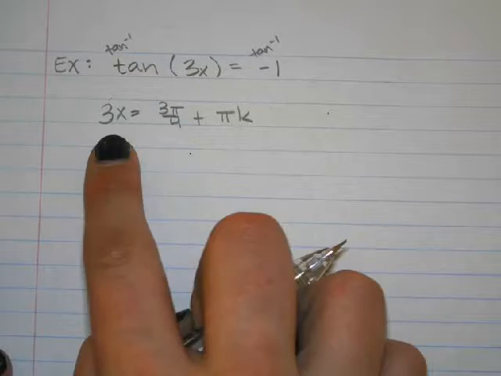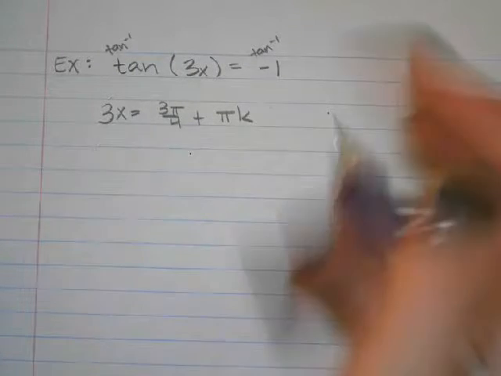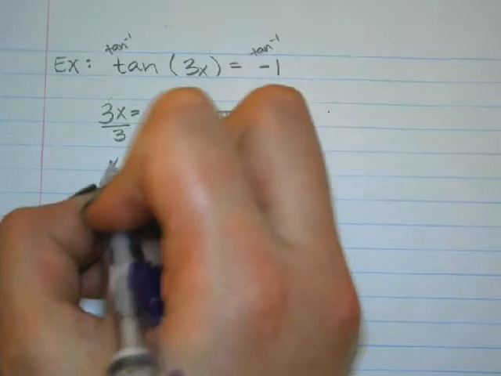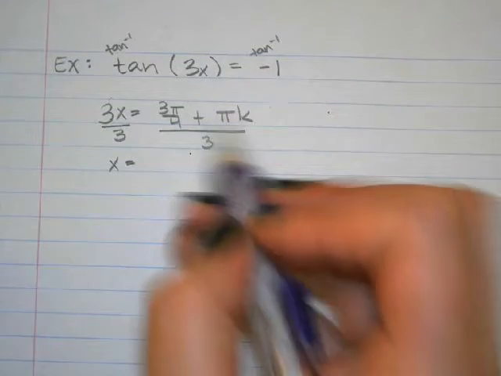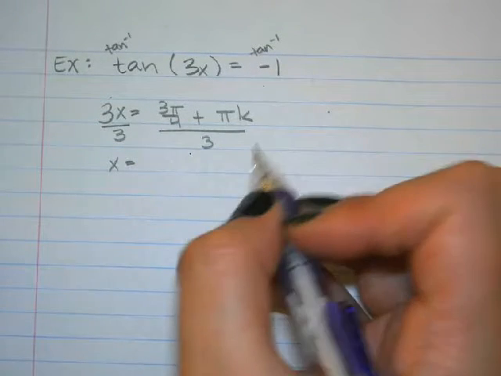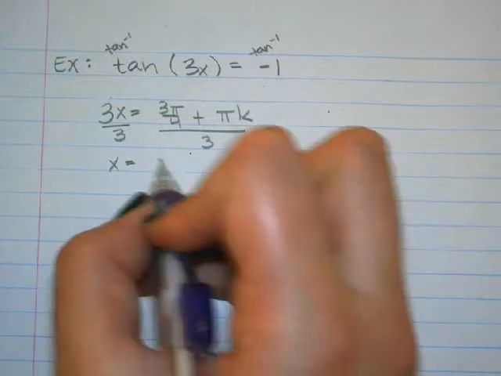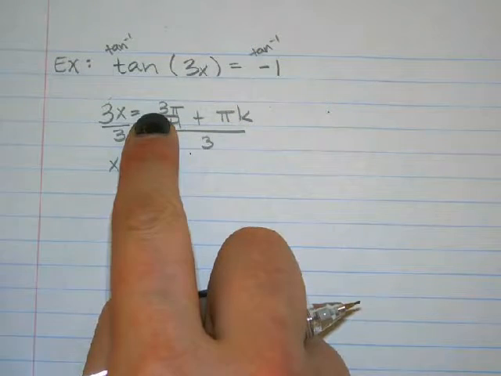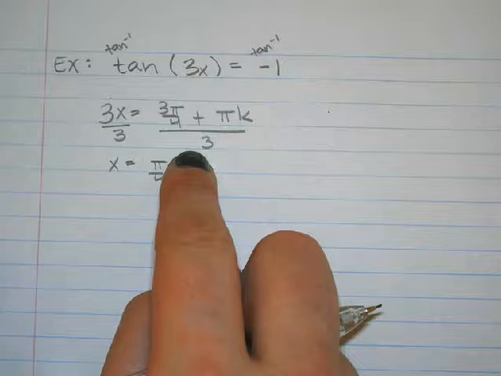All right, what do I do to get x alone? Divide by 3. Okay, so x equals 3 pi 12ths. What's 3 pi 12ths? Pi over 4. If you can picture it, this 3 on the top and this 3 canceled. Does that make sense?